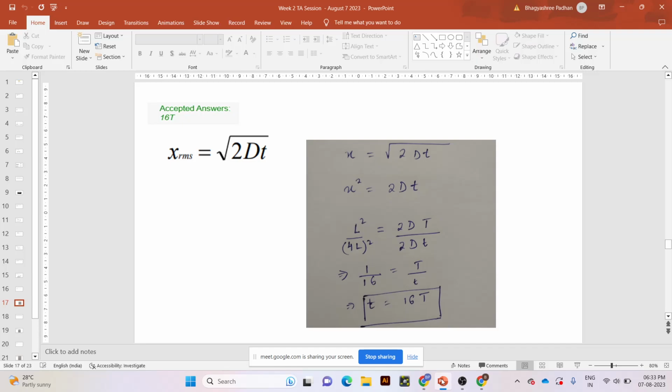If you solve it, x equals square root of 2Dt, so x squared equals 2Dt. The first one is L and the time is t. The second one is 4L, so it will be squared, and then 2Dt. So the time will be 4 squared, that is 16t. So the correct answer is 16t.